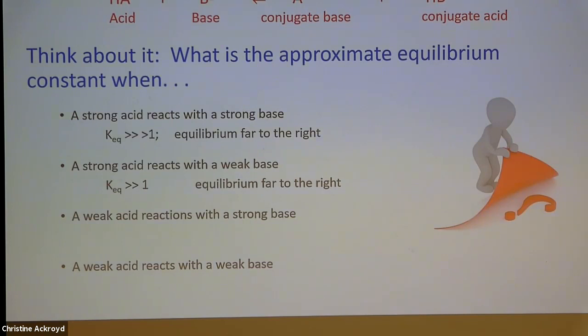Okay. What if this is strong, this is weak? Now what? Still going to lie to the right. Okay. The conjugate base of a weak acid is still going to be weak, but it will have some reactivity, right? How about the conjugate acid of a strong base?